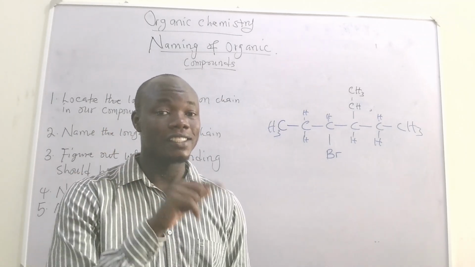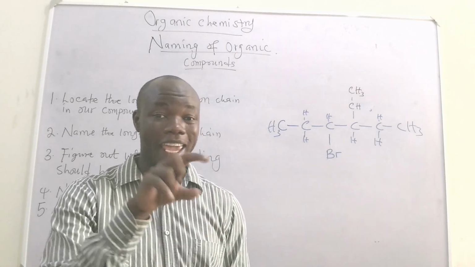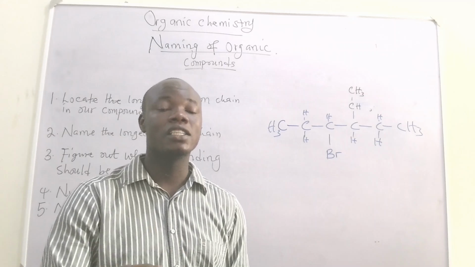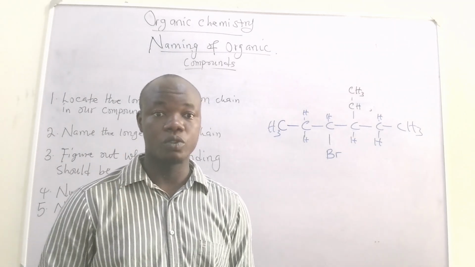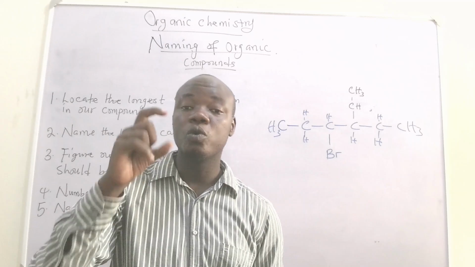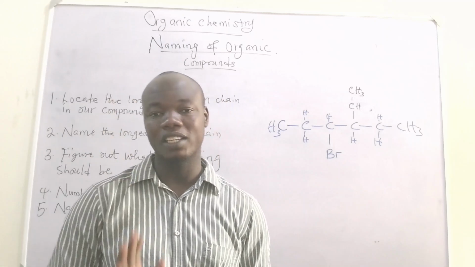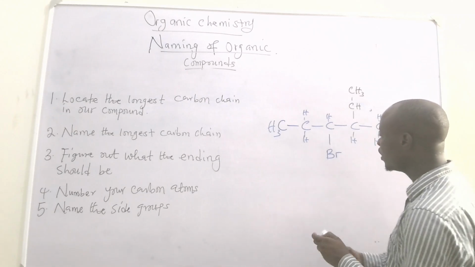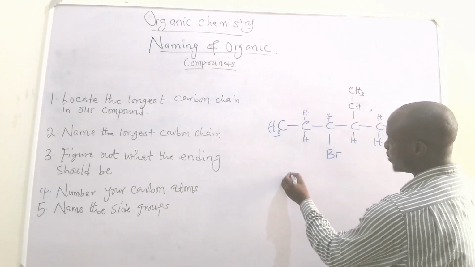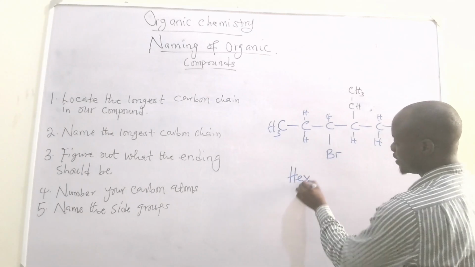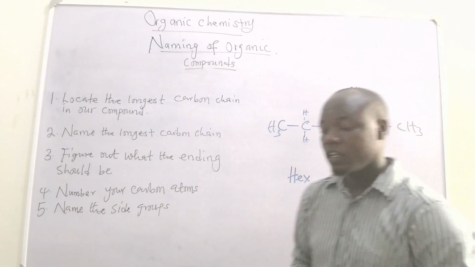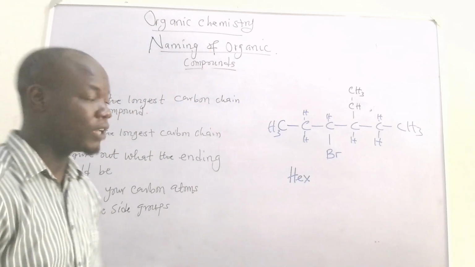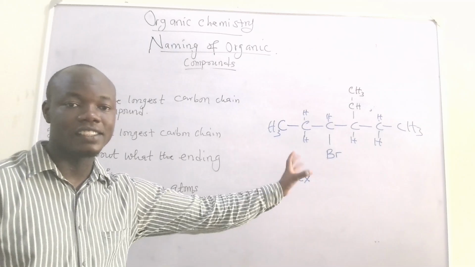Since it's 6, it's going to be hex, not hexane, not hexene, because the final name of the compound will depend on the functional group that is present. So here we have hex, since the longest carbon chain is 6.